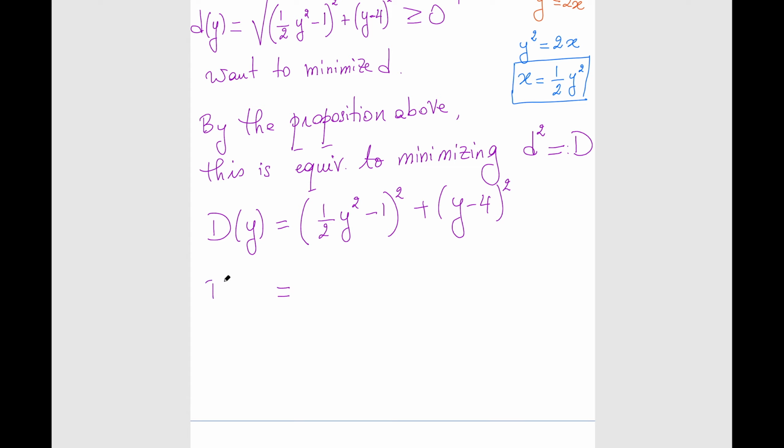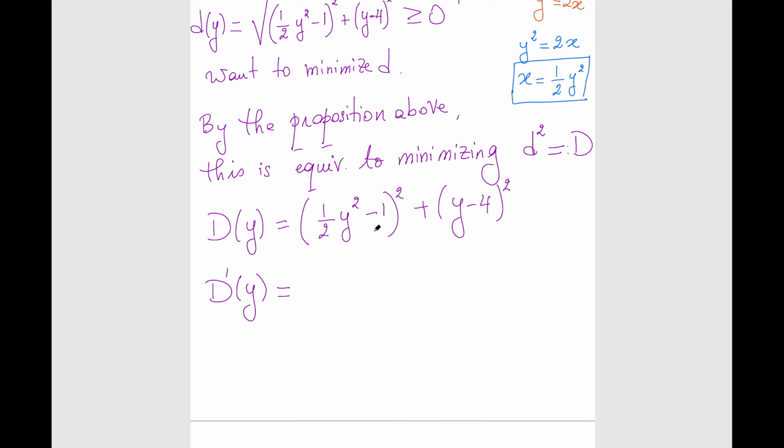All right, so we're going to differentiate the function D as we've been doing before. We're going to find the critical numbers of D, and as such, I'm going to differentiate. How do you differentiate this? This is of the form function of y to some power, so this is the power rule combined with the chain rule.